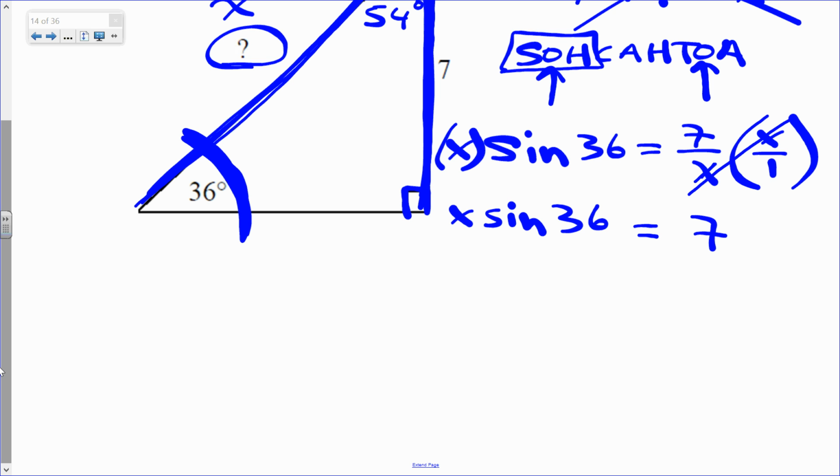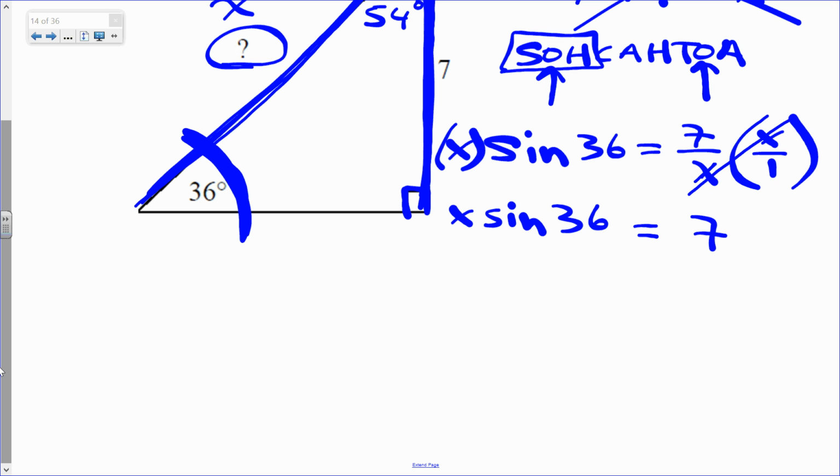Now, the goal of every equation is to get x alone. X right now is on the left side. Remember, sine of 36 is some decimal that never changes. So this is really x times some decimal equals 7. How do I get x by itself?